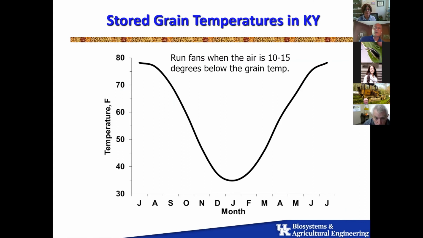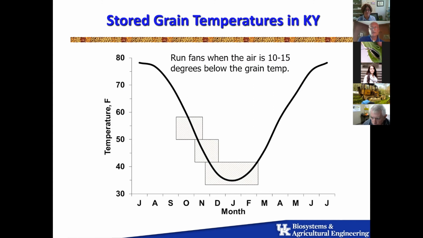And we want to run at least 3 aeration cycles generally. So to cool grain in the fall, start cooling in September to about 60 degrees, then about 50 degrees by November, and then on down to 35 to 40 degrees in December, and get down there about as quickly as we can. And you can use temperature monitors to guide you on that.